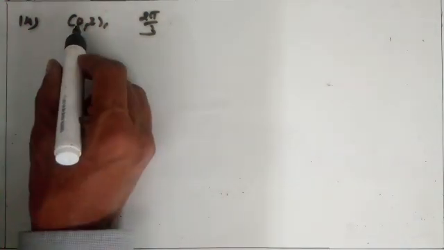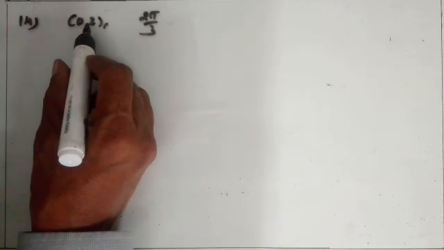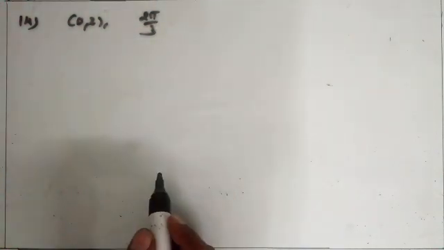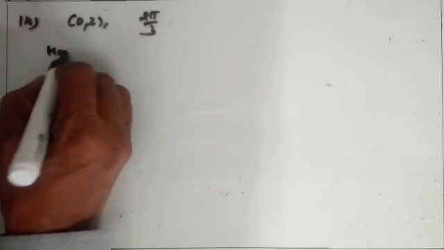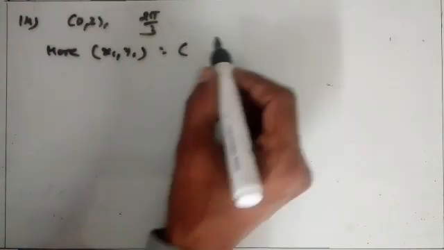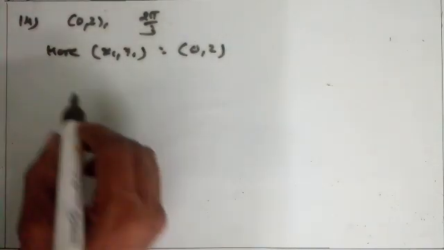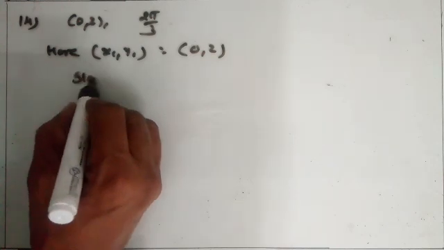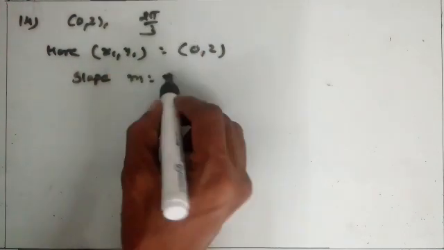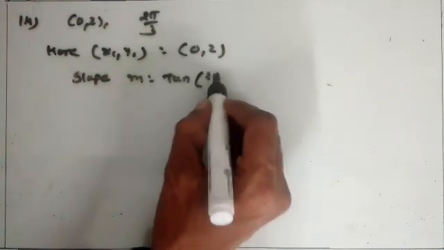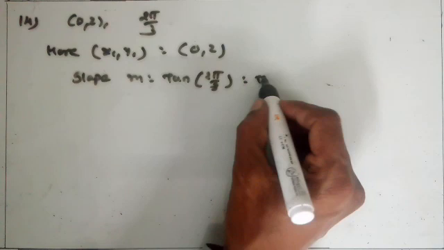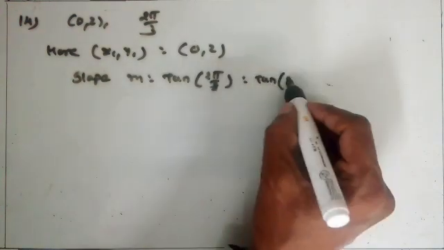First we get the equation of the line passing through (0, 2) and inclined at angle 2 pi by 3. Here the line passes through the point (x1, y1), which is (0, 2) given, and the slope m is equal to tan 2 pi by 3, which is equal to tan of pi minus pi by 3.